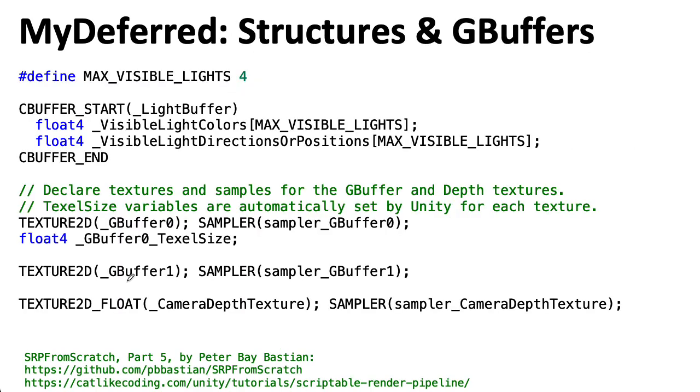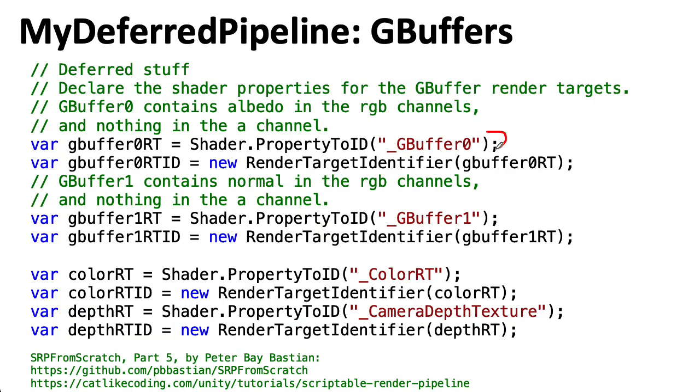Remember that our rendering code made use of two GBuffers, GBuffer0 and GBuffer1, as well as this camera depth texture. Here, we're defining references to those textures on the C# side. And we're also creating some render target IDs that will let us refer to those textures as render targets.